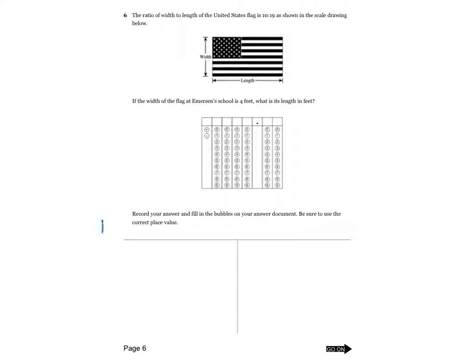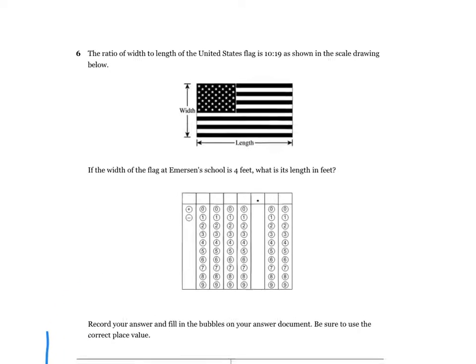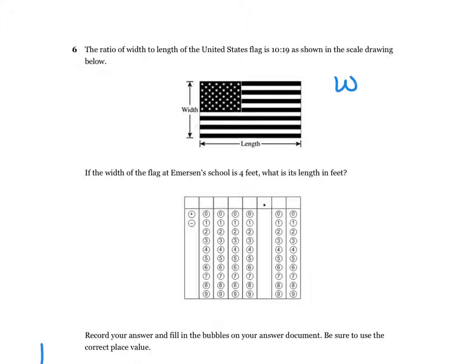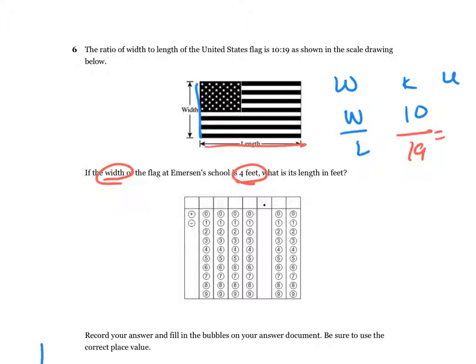Okay. Number 6. It says the width to length is 10 to 19. So 10, and then 19, and then the width is 4. So we're set up right there. And you could draw a different one right there.